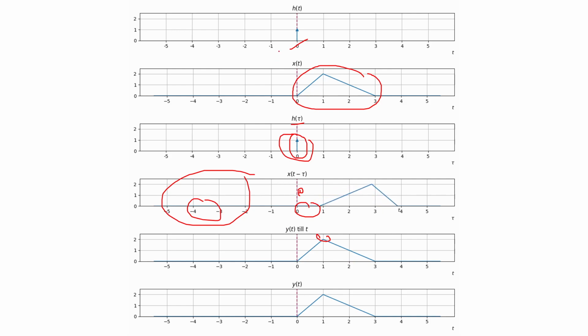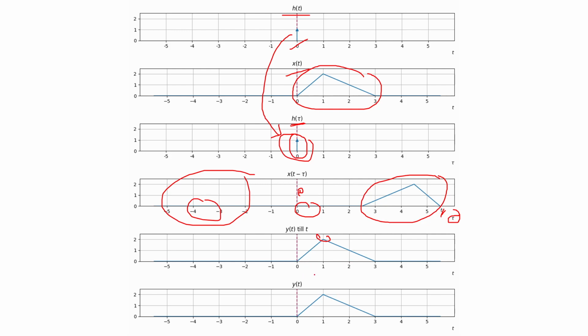Alright, so here once again this is our h(t) and this is x(t) and this is h(tau). So you have to just copy the same signal, and then in this one we have the h(t) signal reflected and located at that small t on the tau axis.